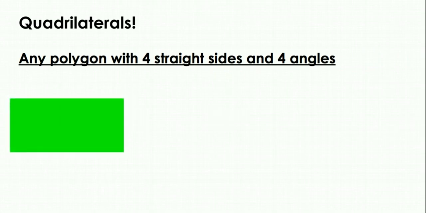So, let's look. This first quadrilateral you will recognize as a rectangle. A rectangle has 2 pairs of parallel sides. Parallel means that this line and this line will never run into each other. If they were to keep going, they'd go on forever and ever. And then this side and this side are also parallel.